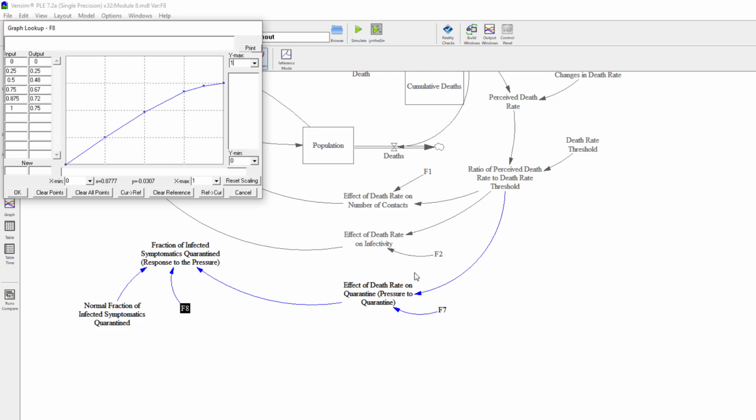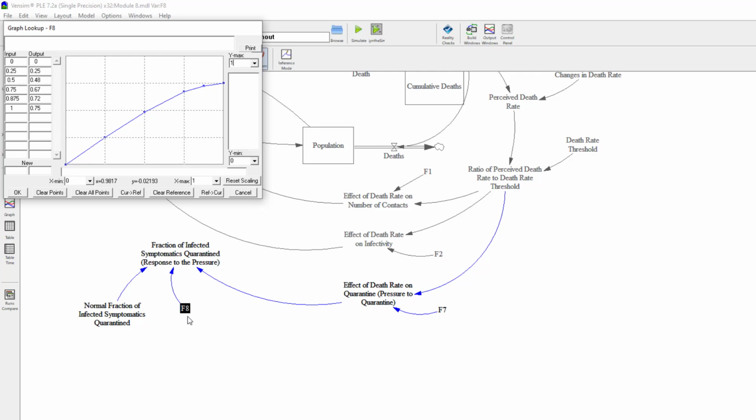Or this table function here, F7, might also change so that the pressure coming from the death rate is actually greater than what we have defined. So in those cases, we can still make sure that this fraction of infected symptomatics quarantined doesn't go above 1, or actually doesn't go above 0.75 because of this table function that we defined with F8.